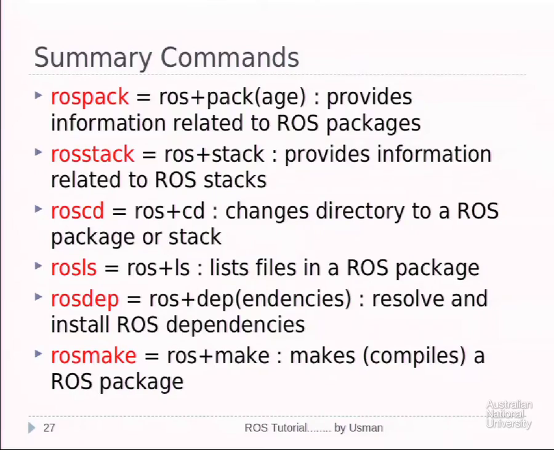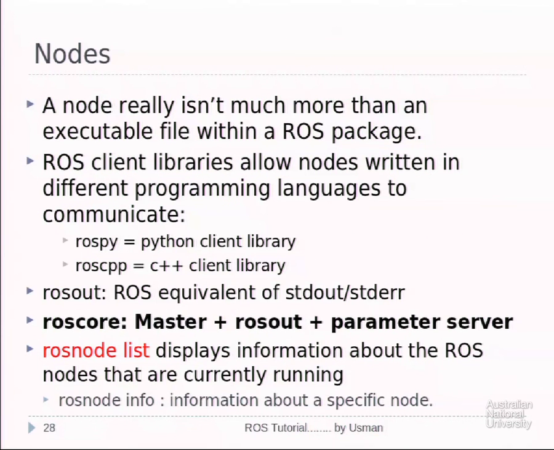This again is information about nodes. In this framework we have a library called rospy, which is a Python library. Whenever I want to write something in C++, I have to include the dependency roscpp.